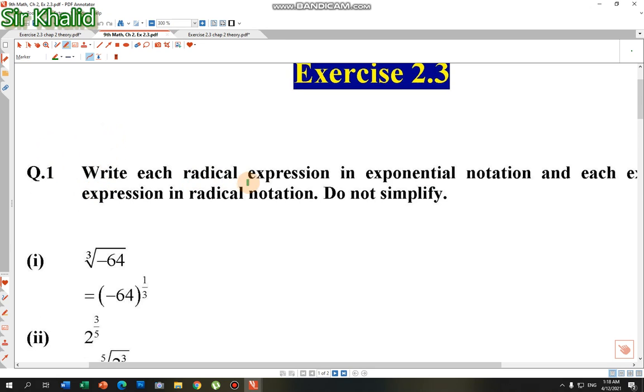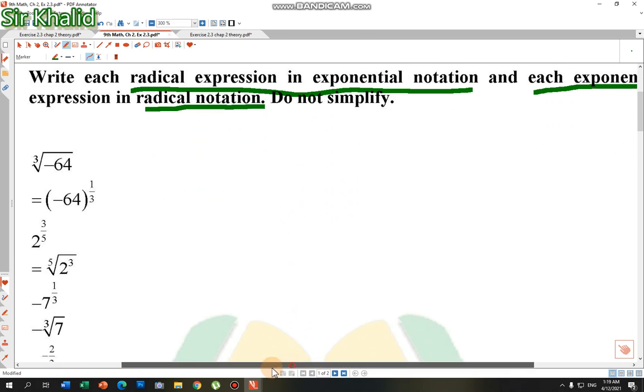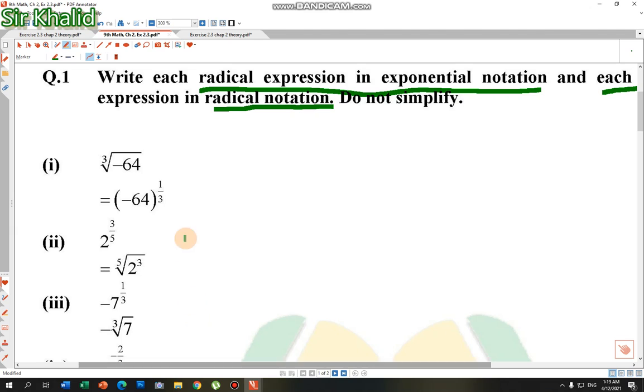Write each radical expression in exponential notation, and each exponential expression in radical notation, but do not simplify it. Here the third root of minus 64.